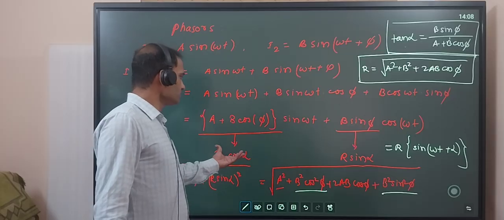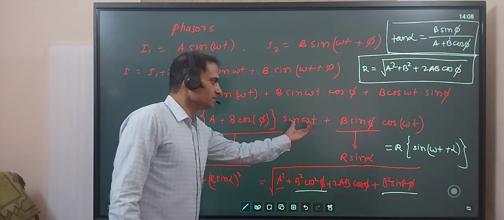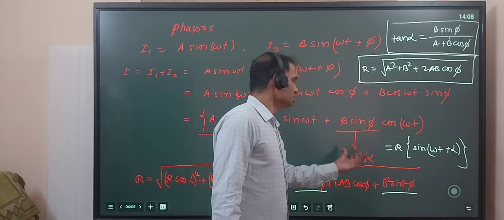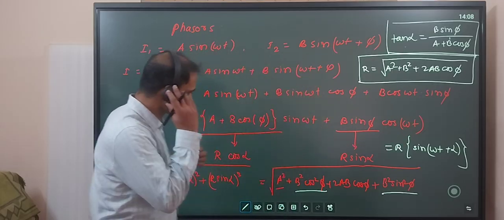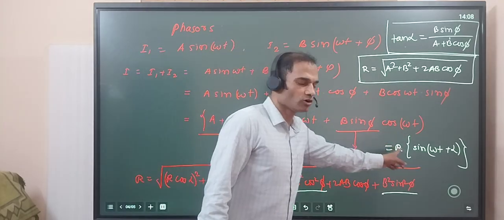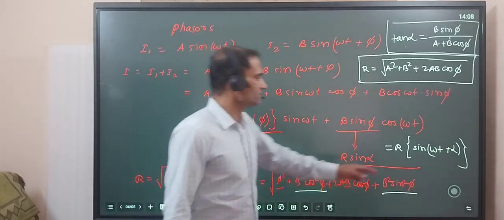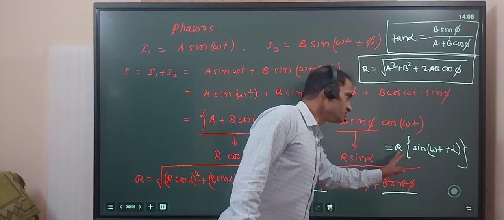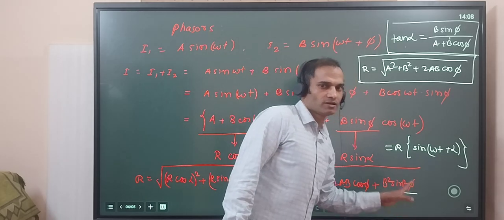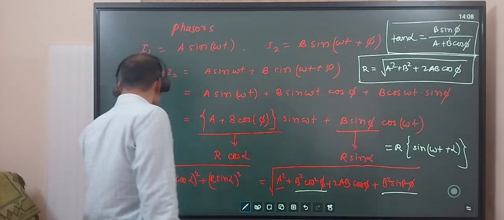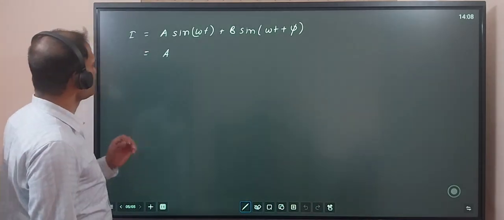Think again: this is r cos alpha into sin omega t, this is r sin alpha into cos omega t. So r is taken common and we get this result. R is also known, alpha is also known. I will write this in the next page.